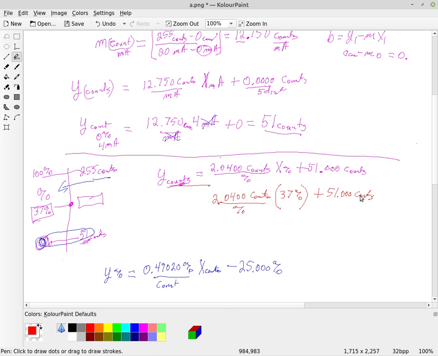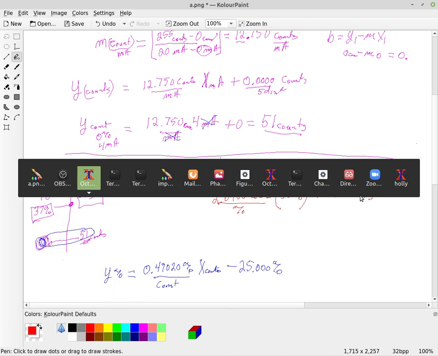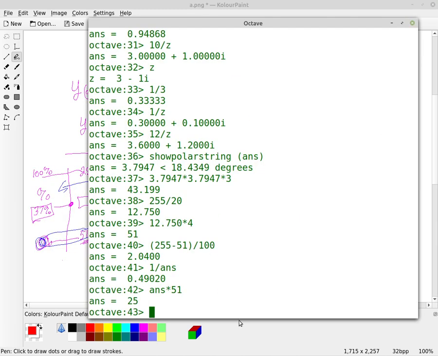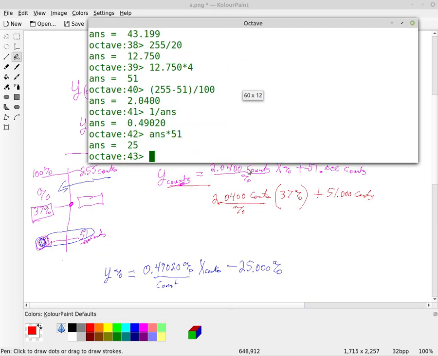That's that integer value that the PLC is actually reading. So we just flip over to our calculator software here and punch that in. So 2.0400 times 37% plus another 51 counts.